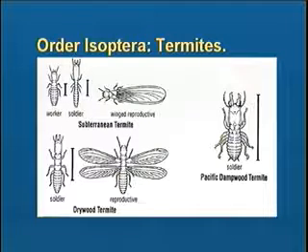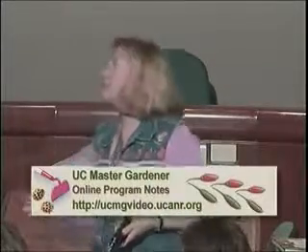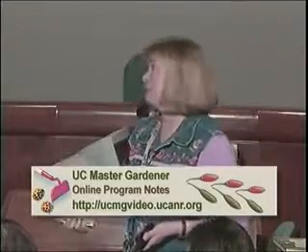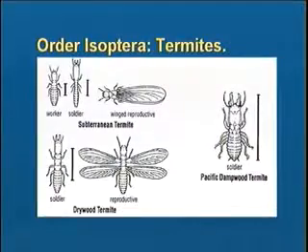It's a survival mechanism, and people sometimes confuse winged ants with winged termites. So I'm going to show you how to distinguish those two at the end of the show when I get to ants. The soldiers, you can see, wow, they're ready to fight. They've got the mandibles, and the workers.